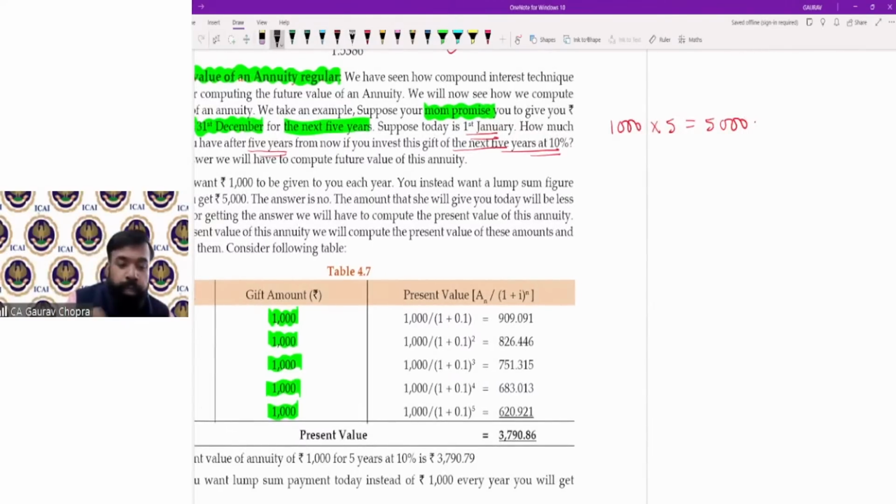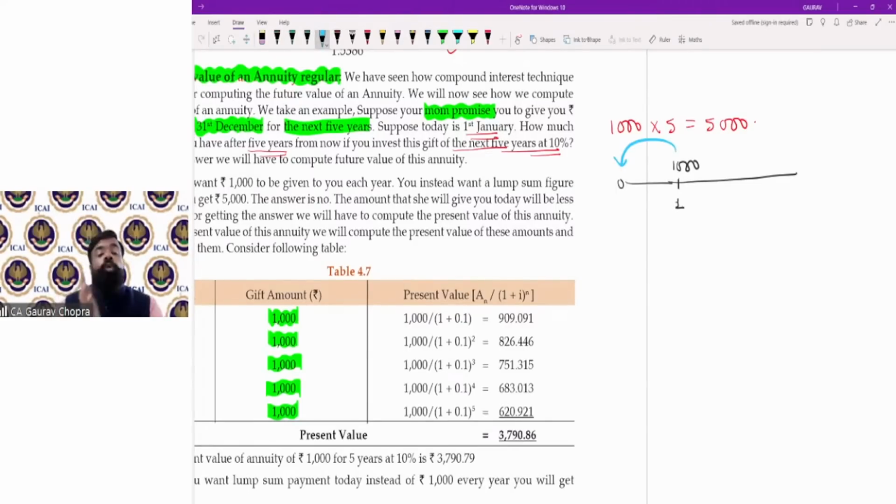So we can prepare a number line like today is 0 period and you are reaching here in the first year. In this first year, you are receiving rupees 1,000. Now, what is the worth of this 1,000 today?